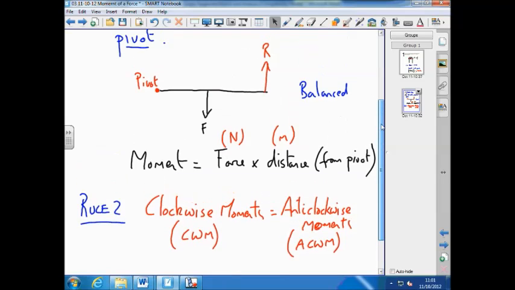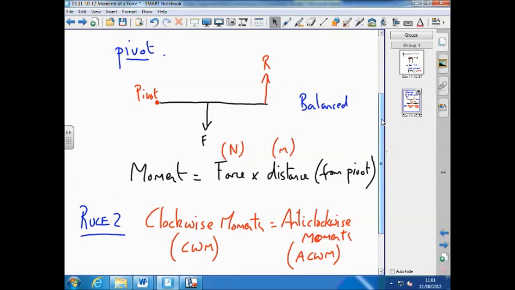If we look at this situation again, we've also got a situation where if we've got a balanced beam, the total downward force on this beam, however many forces there are, must equal the total upward forces acting on this beam. So there'd be some sort of force there, another force there, there may be something else acting upwards. All the upward forces must balance the downward forces, otherwise the beam would be either moving up or down, wouldn't it?